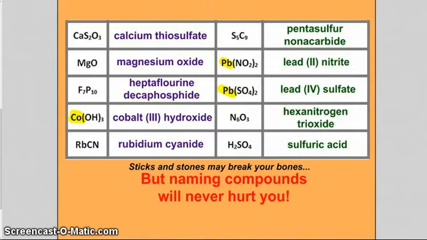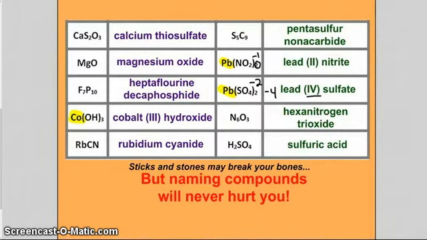Because, sorry, gotta grab my pen. Nitrite is -1, so with 2 of them, I need the +2 lead. But on this side, sulfate is -2. And since there's 2 of those, that makes a -4 total, which means this lead has to be lead 4, +4.